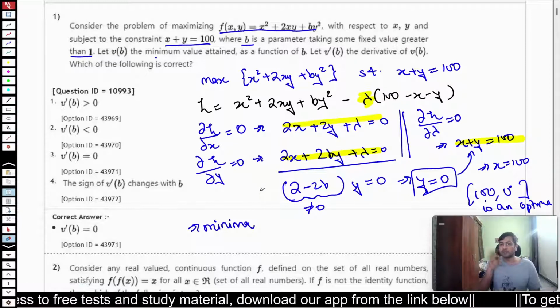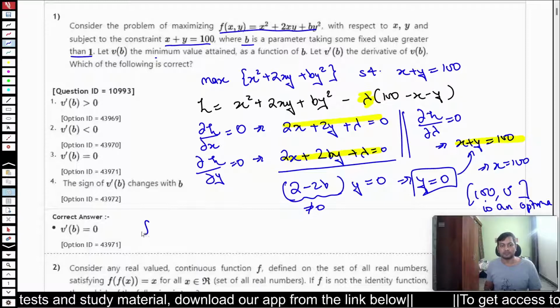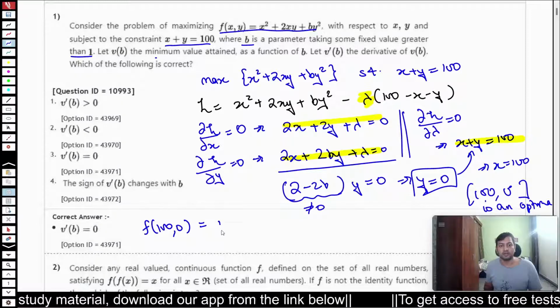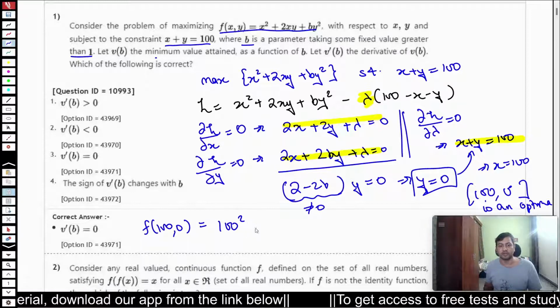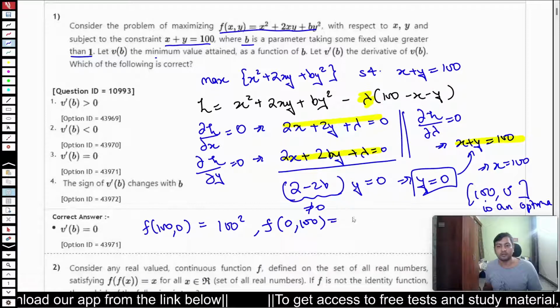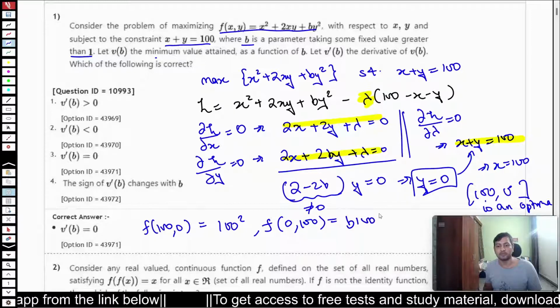If you look at (0, 100), your functional value at (100, 0) will turn out to be 100 square, whereas your functional value at (0, 100) will turn out to be b times 100 square.